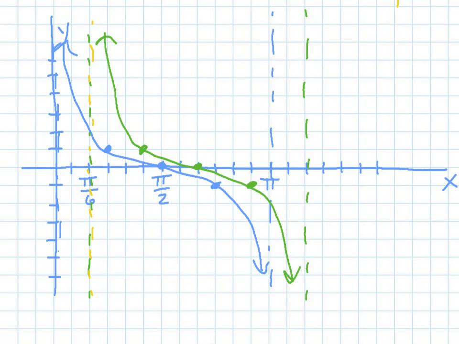So this green one now moves a pi over 12 away from your original one, so it goes back to where it was before. Then another pi over 12 over would be right here, and our next value is 0. And then another pi over 12 would be right here, and that value would be -1. And so then now we have an asymptote at pi over 2.